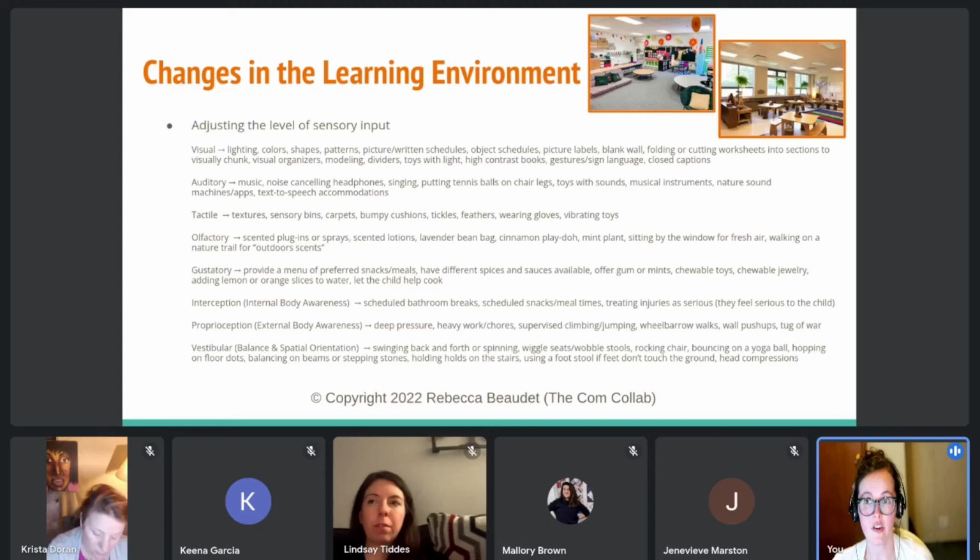So when we think about adjustments to the visual learning environment, we can think about lighting, the colors in the room. And I have a couple classroom pictures here. That top classroom has a lot of bright colors on the wall, whereas the classroom on the right has more natural lighting and natural shades.